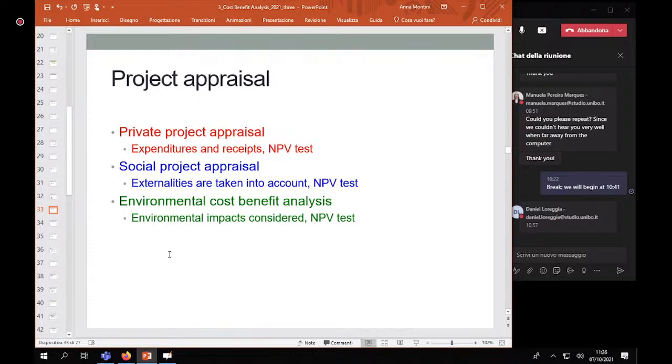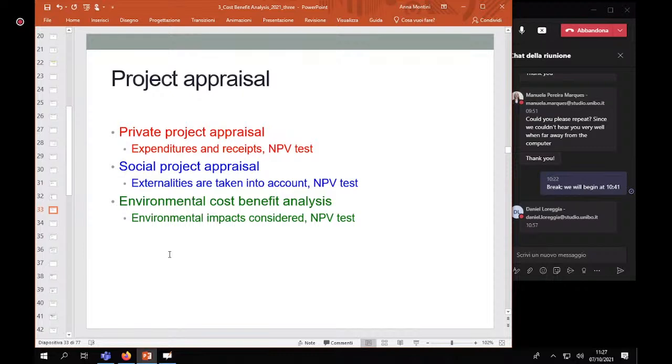Because on a private basis, a firm, an entrepreneur, a household wants to consider expenditures and receipts, okay? But you can calculate the net present value test even if you have only expenditure and receipts.